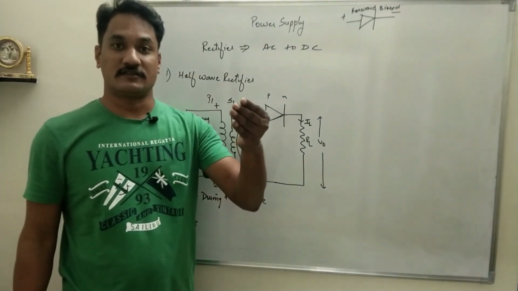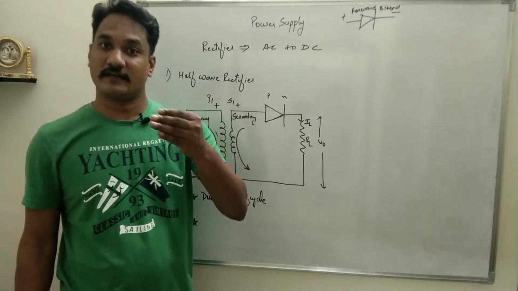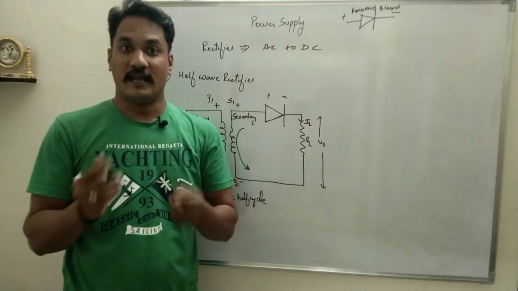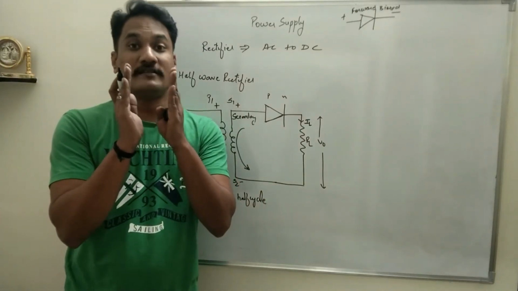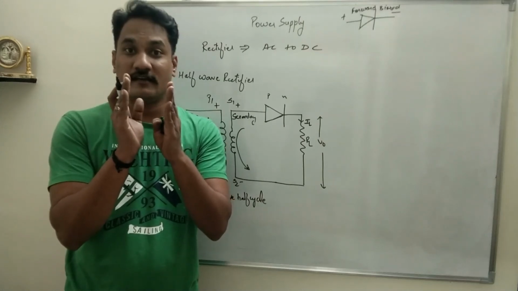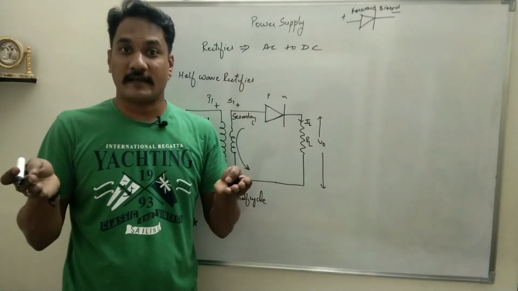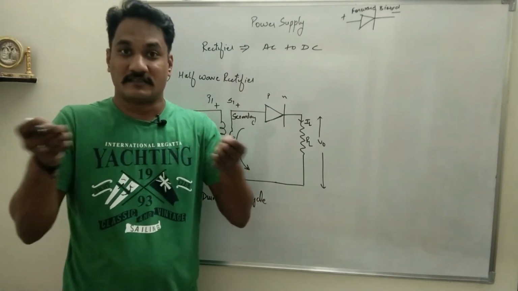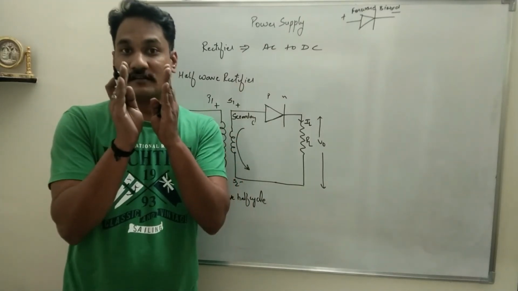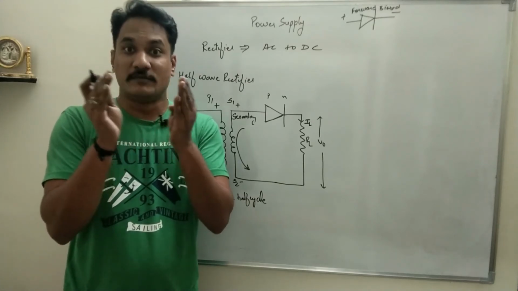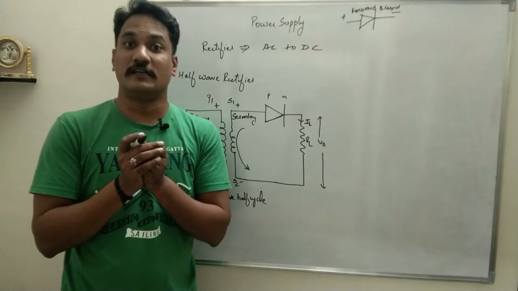The P region consists of holes, the N region consists of electrons. Both these charge carriers will move towards the junction, and near the junction there is a depletion layer. What is the depletion layer? It is depleted of charge carriers. Now you have applied a polarity in such a way that these charge carriers will move towards the junction where there is no charge carrier. That means you are supplying charge carriers to the depleted region.